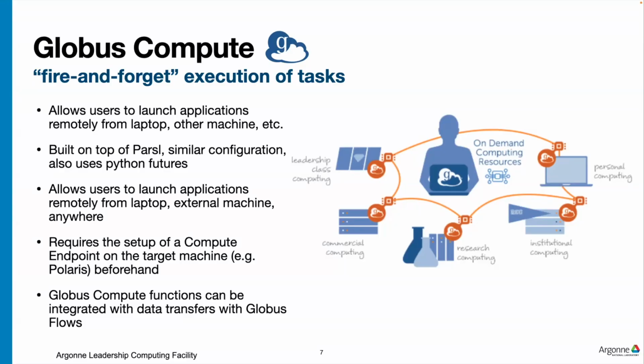So essentially, what Globus Compute is, it is a task execution service provided by Globus, which you might be familiar with in the context of file transfers. And it runs on a fire and forget model. So essentially what you can do is create what's called a compute endpoint on a target machine where you want to run workloads.